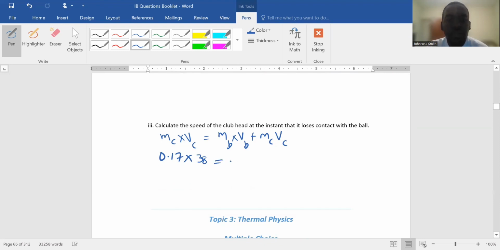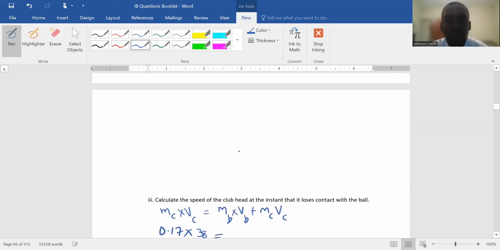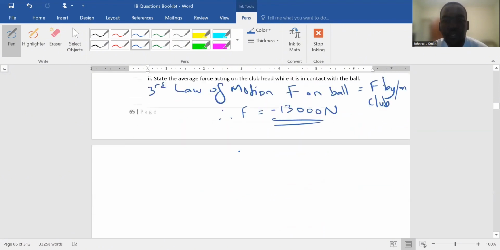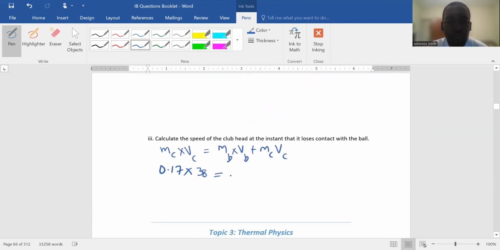Then it's equal to the mass of the ball, which was 0.045, times its velocity, which was 63, plus 0.17 times VC. Right? Notice that there is no momentum before for the ball because the ball initially was at rest. So therefore, we don't have to include that in the before.